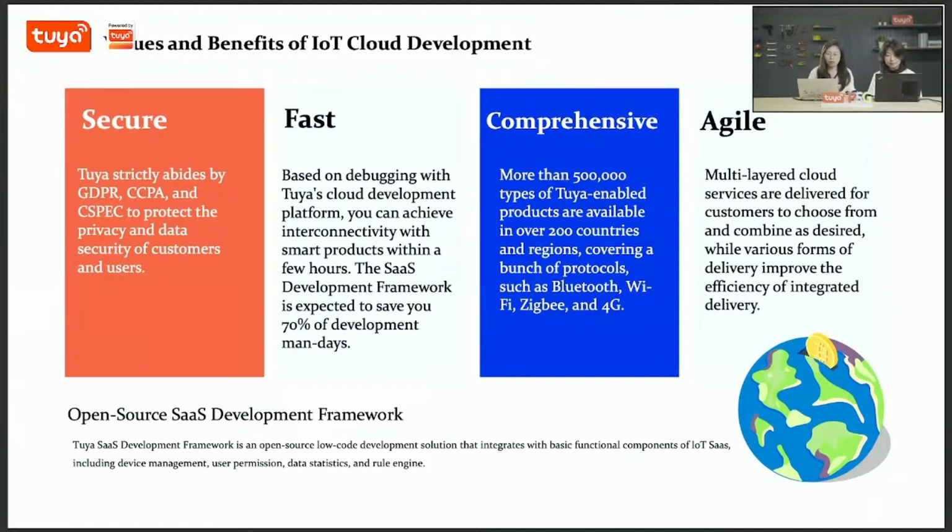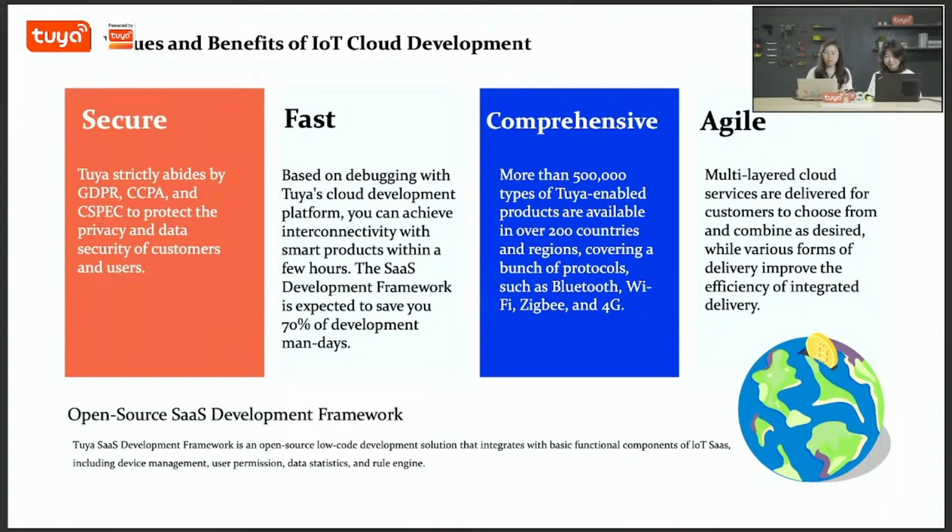Besides those, Tuya's data collecting, data processing, and data storage all use special technology to make all the information 100% safe. This is the first one I want to emphasize.